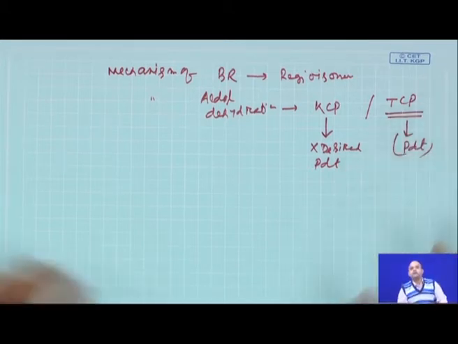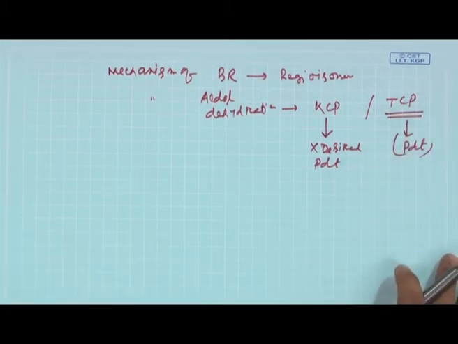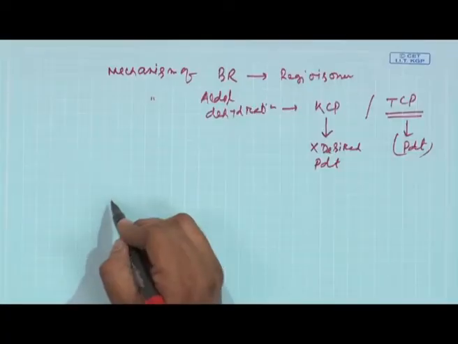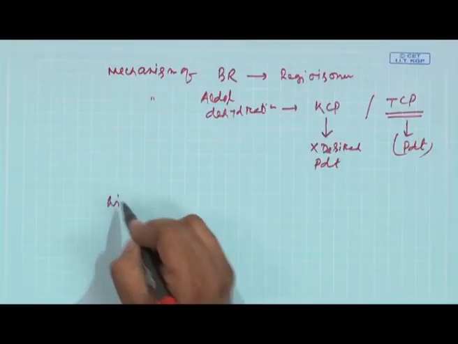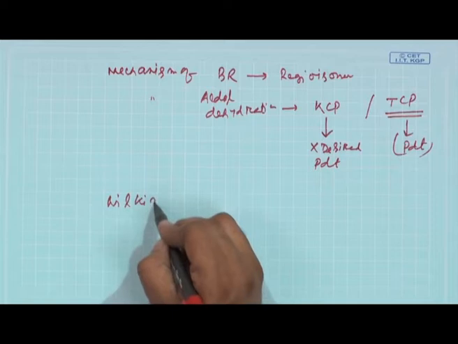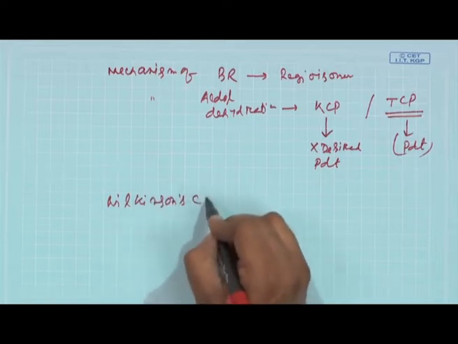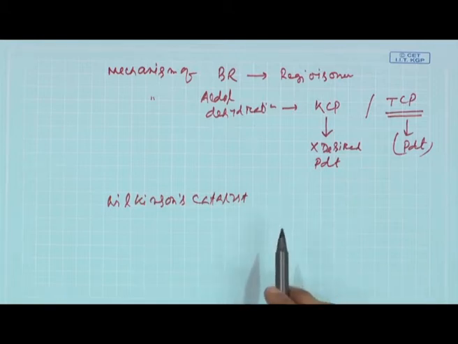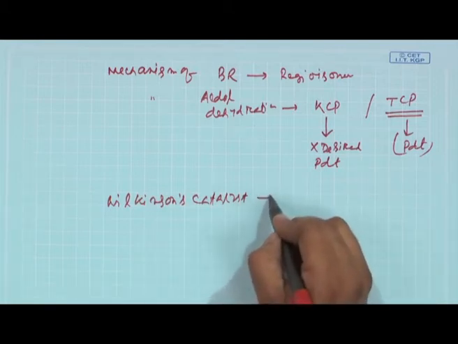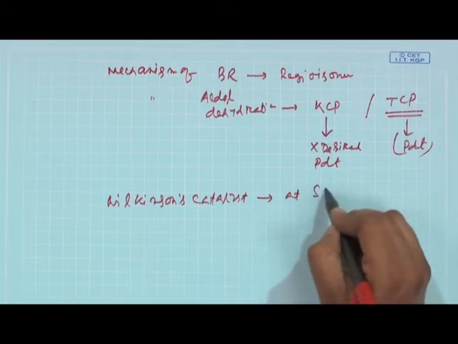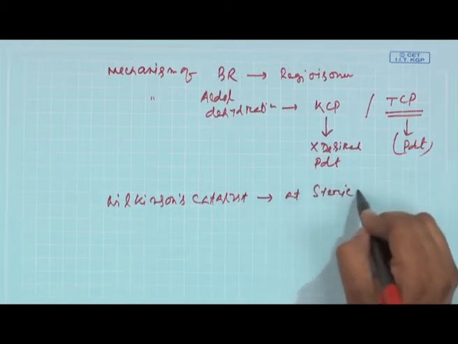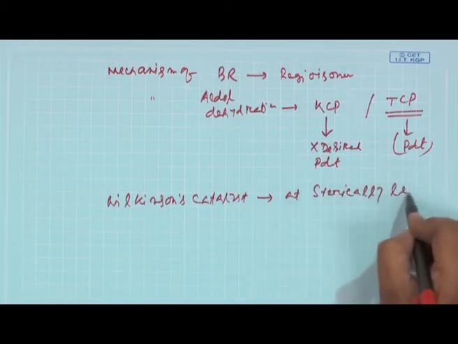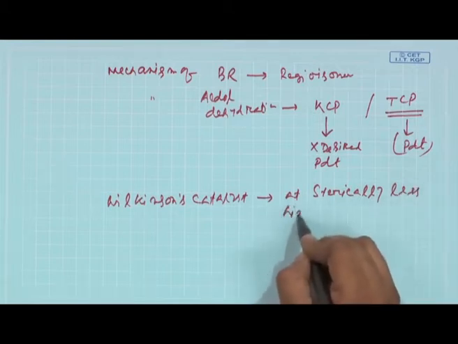So, if you have a clear cut concept about the mechanism of the aldol dehydration, then you will be able to do this transformation. And then finally, we are talking about the Wilkinson catalyst, which is a sterically bulky catalyst and will undergo hydrogenation at the sterically less hindered olefin.